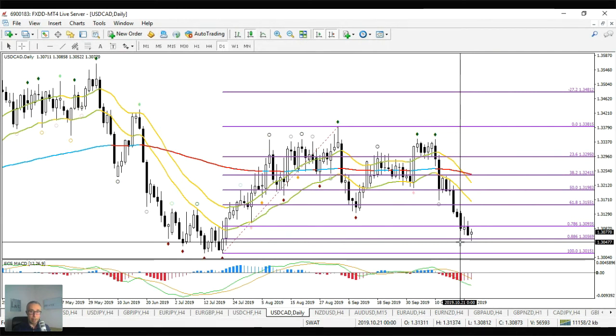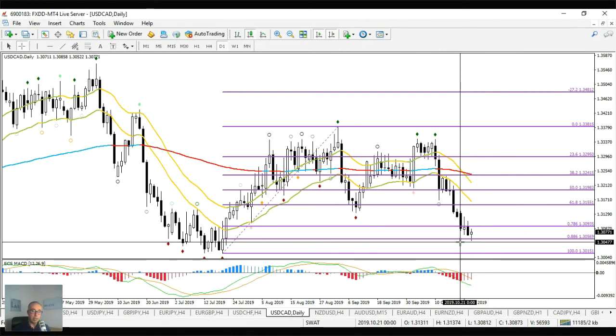But if it closes below 130.50 on the daily chart, a daily candle close below that would not be good, I think. Then it might be better, in my view, to exit that. If it stays above, if today's daily candle is a pin bar, that would be nice. And that's a fair chance that there's a confirmation of a potential bounce.